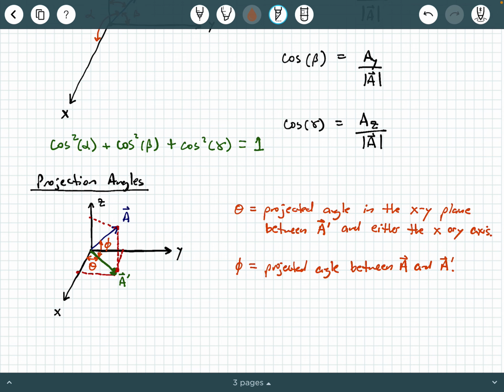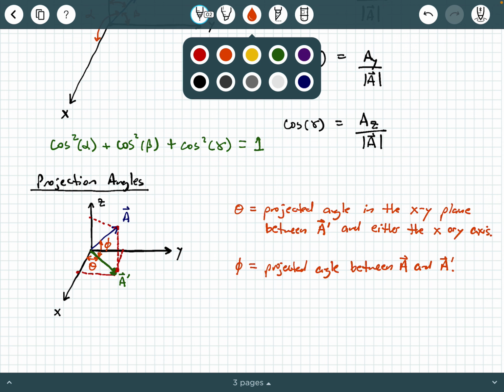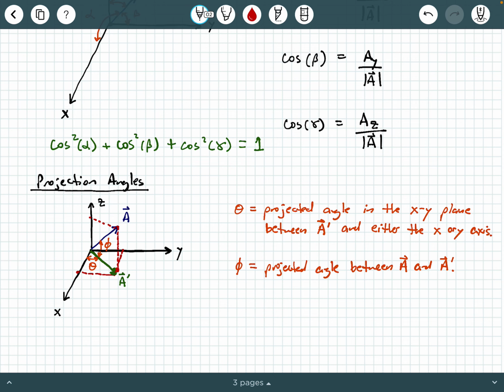Now, here are some cool things about how these are all related. First thing I'm going to want to point out is that we have a couple of right triangles that we can end up utilizing to help us perform some of our analyses. Well, one right angle is going to be the angle right here, okay?